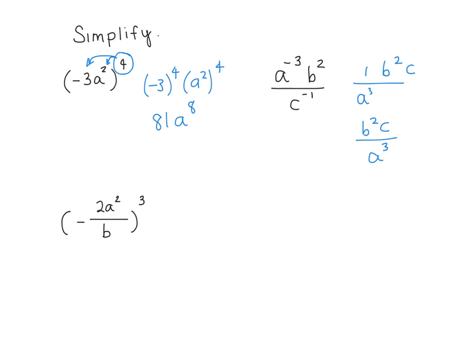Last one, we need to distribute the powers of 3 onto 2, onto a squared, and onto b. Don't forget there is a negative 1 in front of the fraction. So we have negative 1 to the cube, that's negative 1. 2 to the cube, that's 8. A power to the power, multiply, over b to the 3rd.